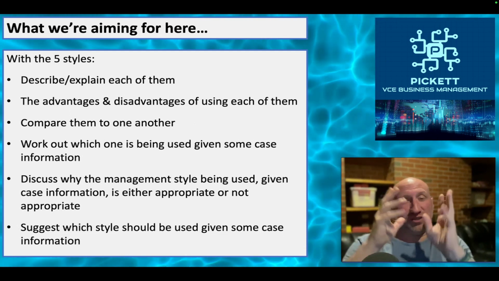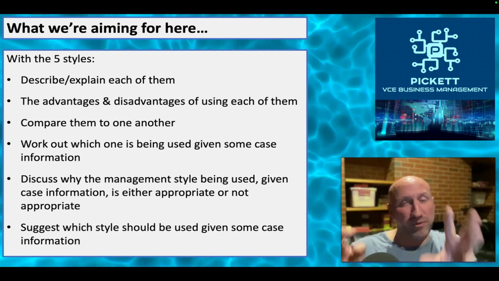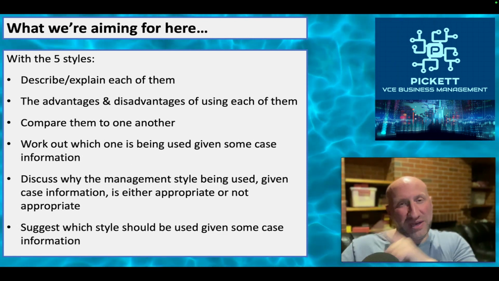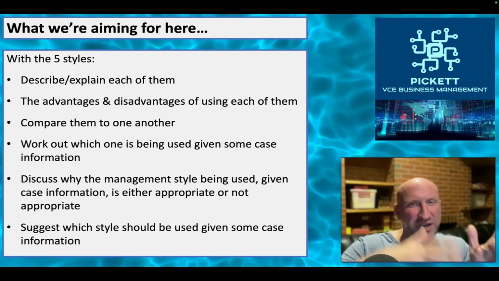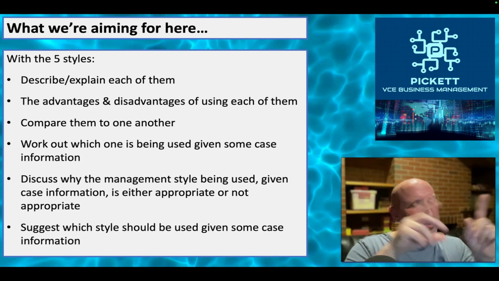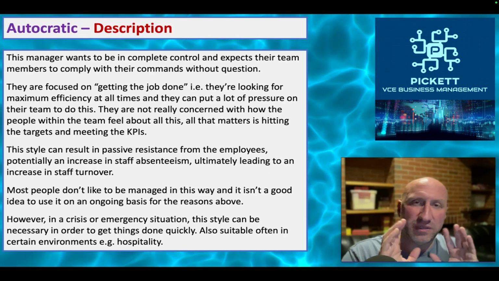When we get to Consultative and Participative, again, bring those together because they're pretty much identical except for one key thing. And then Laissez-faire. So really you're learning, to be honest, 3 different lists, and then just a couple of key differences between those 2, which we're kind of lumping together. So let's get into it.